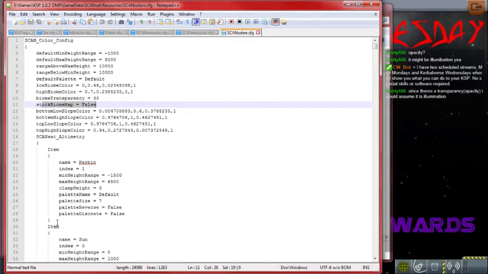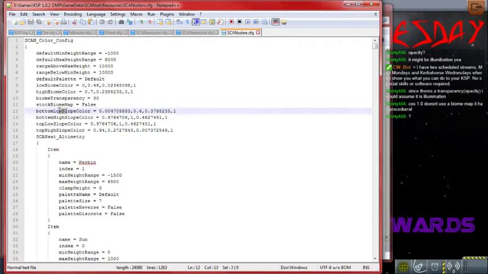One worthy of being played with at some point, methinks, just to find out what it actually does. So if we then look, some low slope colour, bottom high slope colour, top low slope colour, top high slope colour. Well, they are the different scan types.